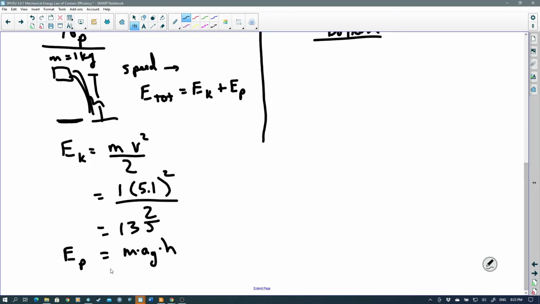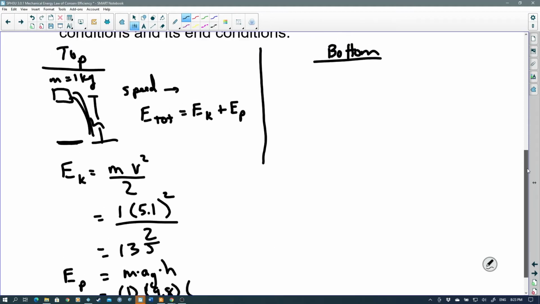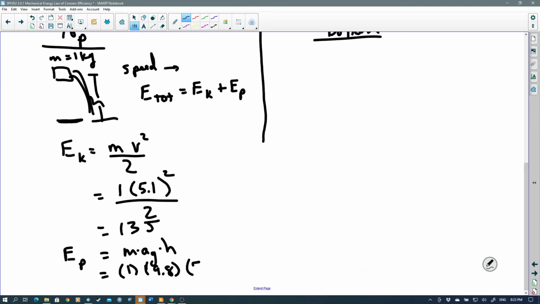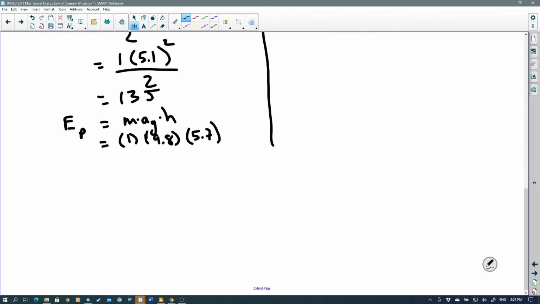So again, we have 1 kilogram. Our g is 9.8 meters per second squared, and our height is going to be the height of the falls, which is 5.7 meters here. And 9.8 times 5.7 gives 56 joules if we round that off.